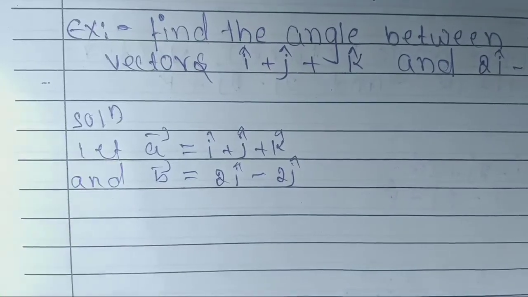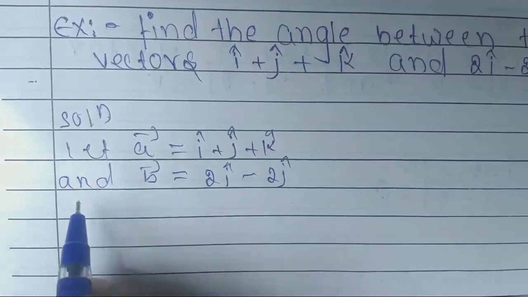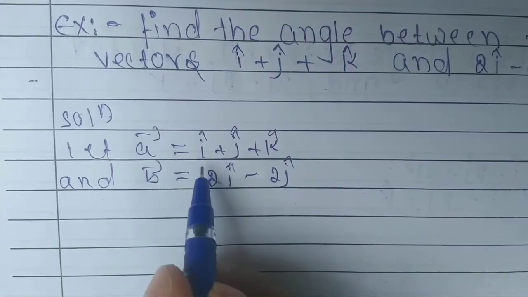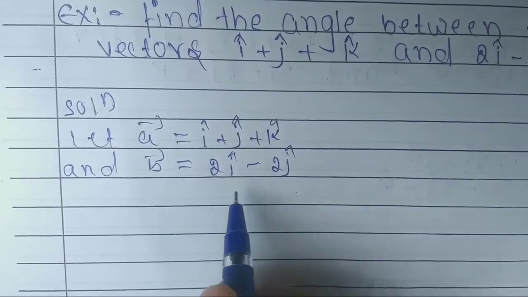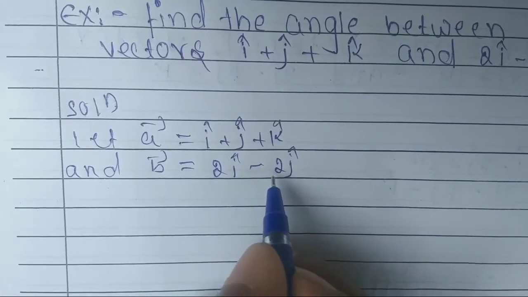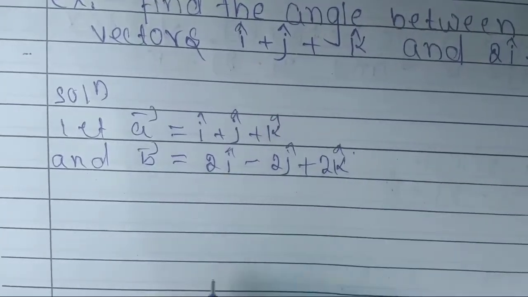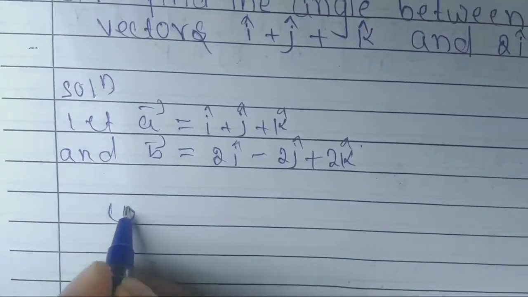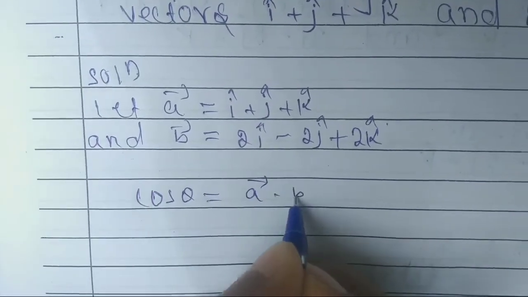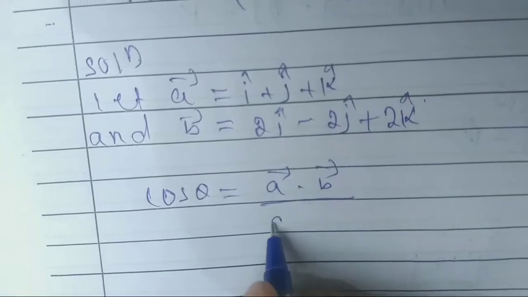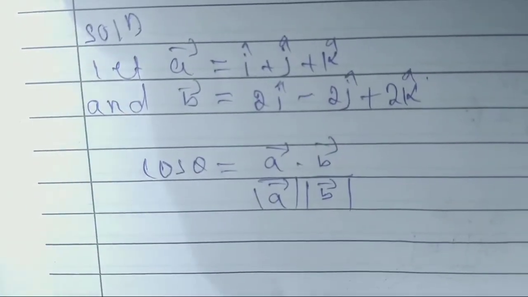Now we will see another example of how to find the angle between the vectors. Solution: first I will take, let vector A is equal to i cap plus j cap plus k cap, and vector B is equal to 2i cap minus 2j cap plus 2k cap. We know the formula cos theta is equal to a vector dot b vector upon mod of vector a into mod of vector b.